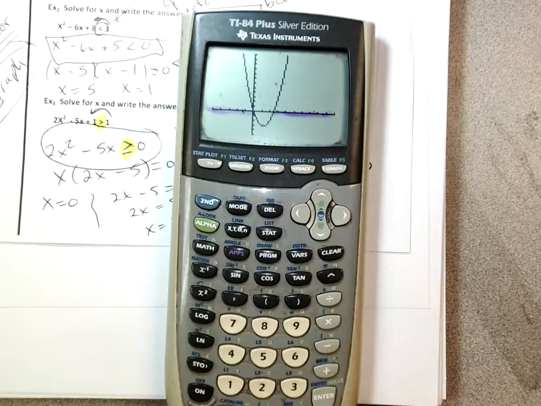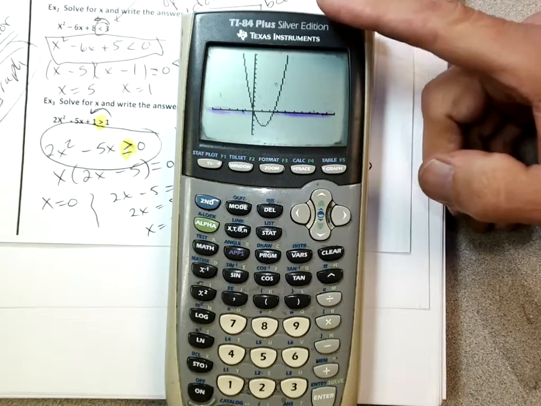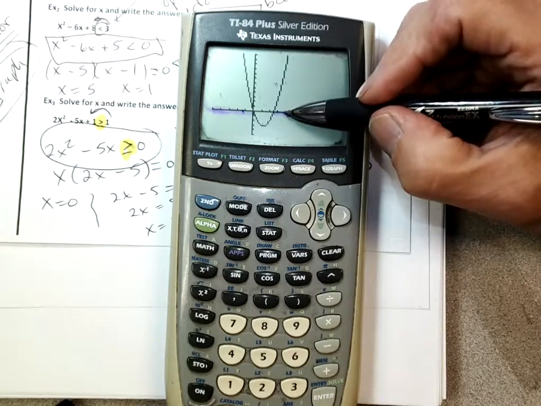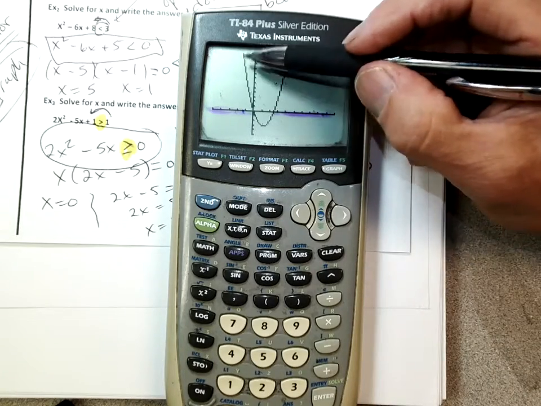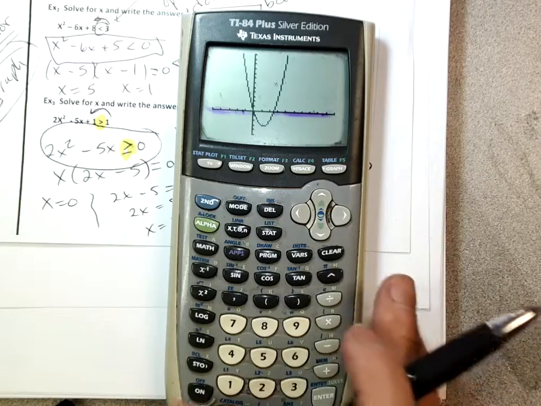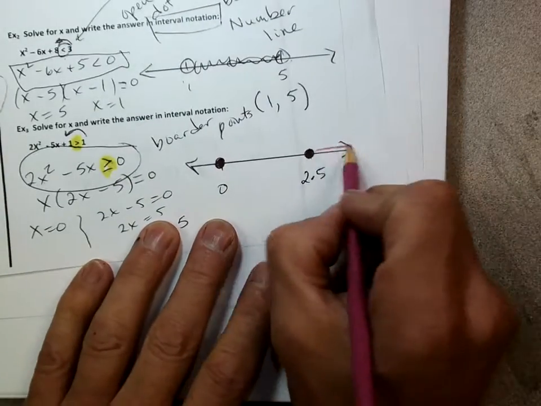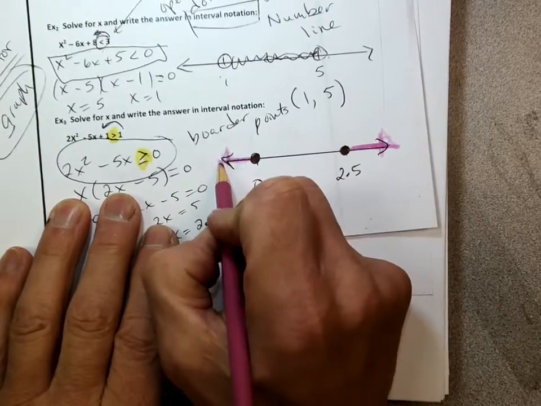All of these x values that I shaded are x values that make the graph bigger than 0, right? These x values will make the graph bigger than 0. So on my number line, that's what I want to shade. So my number line, I'm going to shade this region and this region, right?